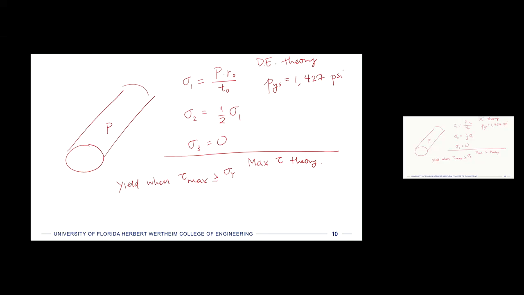We know our tau max because it's just sigma 1 divided by 2. So that's P times R naught divided by 2 T naught.